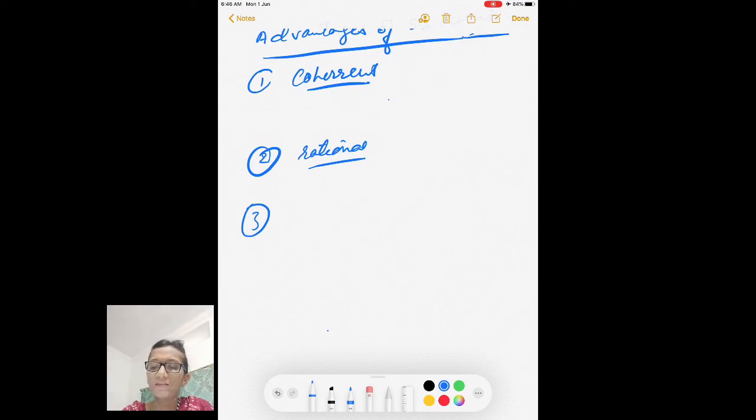Now the second one, rational. It is very rational because in this SI system of units you use only one unit for one kind of quantity. Like for energy you use only joule. But in other systems, like the MKS system or the CGS system, you use more than one unit for the same physical quantity, that is energy.